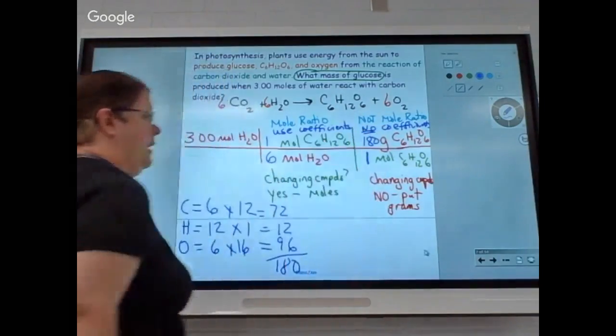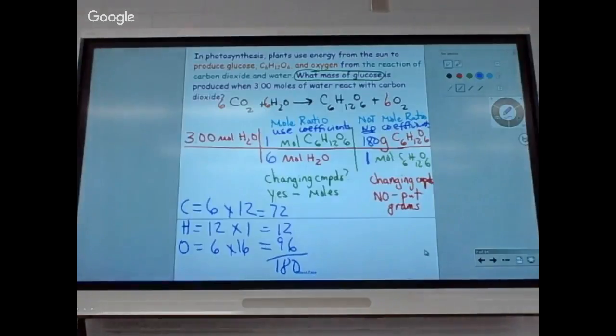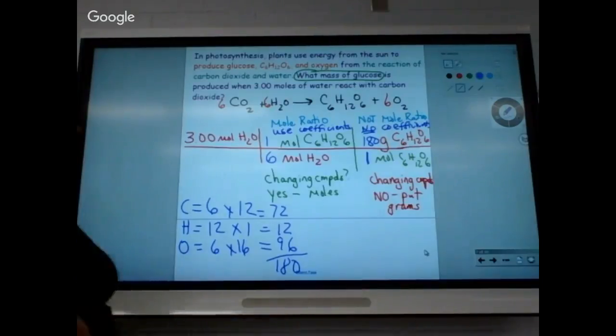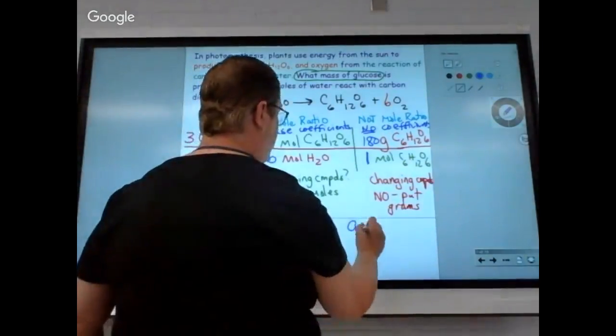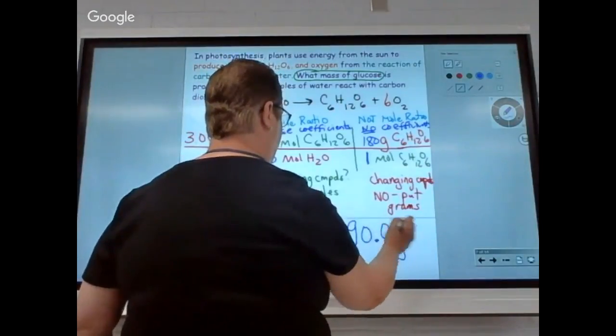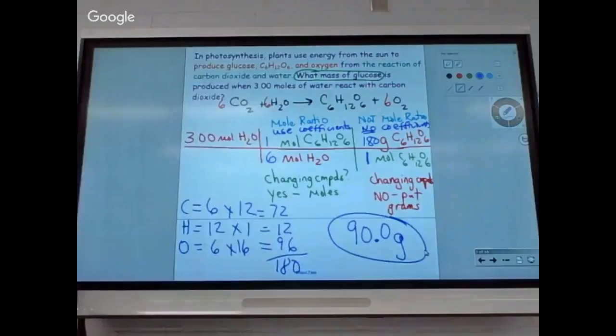I knew that one off the top of my head. I did not do that fast. All right. So 3 divided by 6 would be 2, divided by 180 would be 90. We need 3 significant digits of 0.0. Questions?